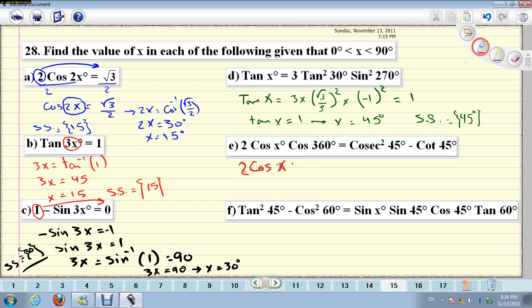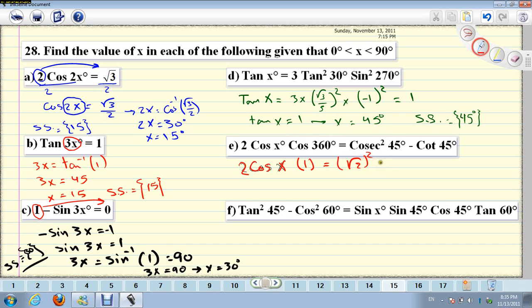I have to take a look in the table to know cosine 360. It's not 30, I'm sorry. And cosine 360 is 1. So I'm going to multiply this by 1 equals cosec 45. And cosec is the reciprocal of sine. So sine 45 is 1 over root 2. So cosec 45 is root 2.